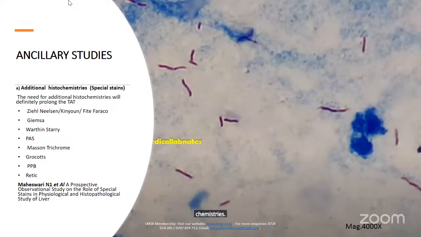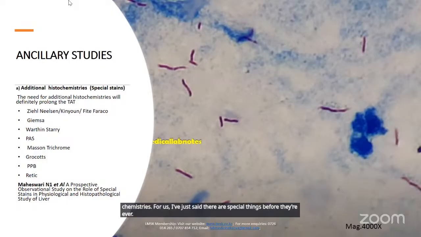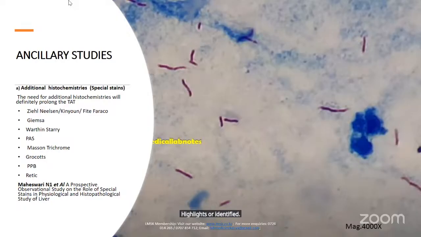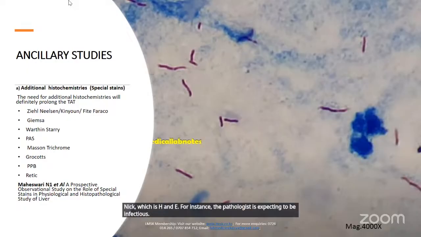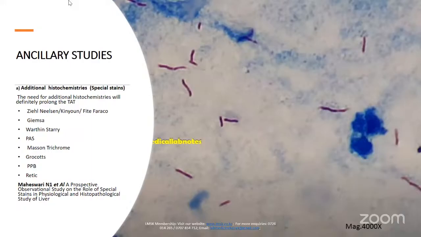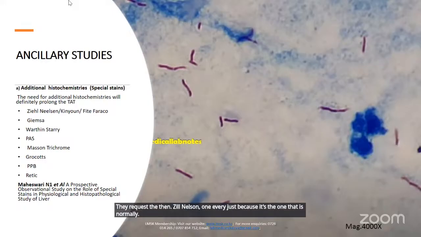I've just said there are special stains because they're able to highlight or identify elements, like the iron stains, elements or organisms that cannot be identified using the standard technique, which is H&E. For instance, the pathologist is suspecting TB infection. In most cases, they'll request Ziehl-Neelsen. I've written it there just because it's the one that is normally requested.